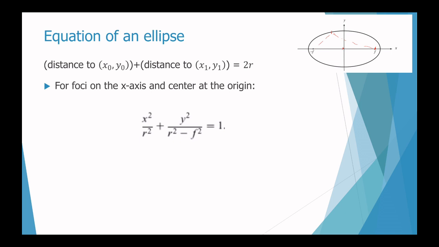And we have x squared over r squared plus y squared over r squared minus f squared. Now, this piece works here because really the f's are the same when we're centered at the origin, right? So this is important. We have to be centered at the origin for this to work.